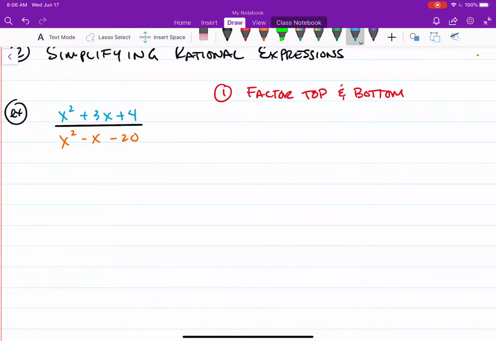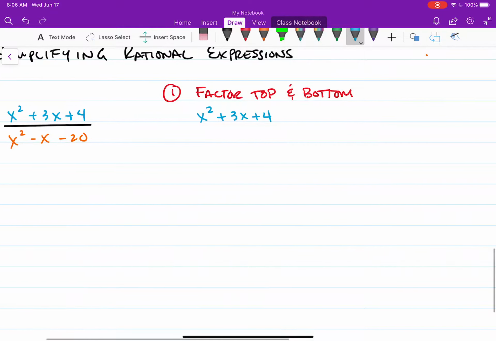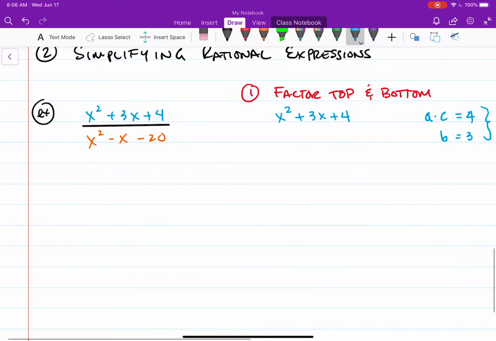So we have x squared plus 3x plus 4. Okay. So we'll review the AC method here. So we got a times c is equal to 4, b is equal to 3. So the two numbers I need is... I copied this wrong.